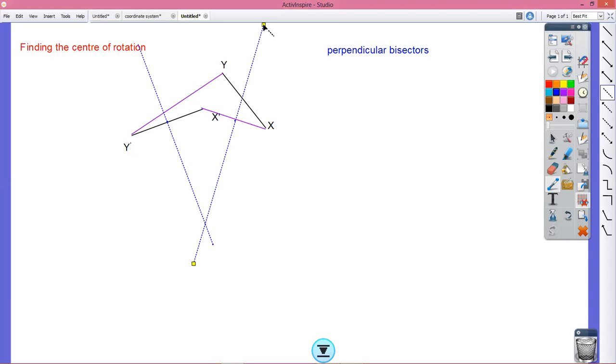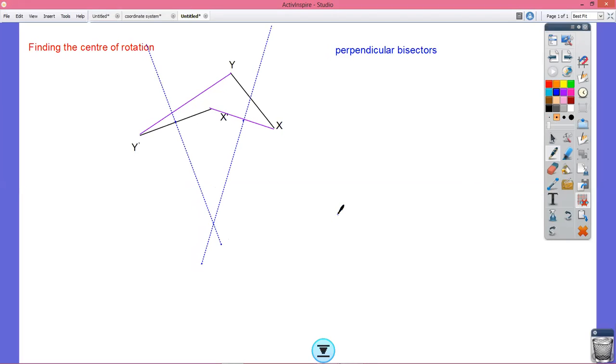Now here, what we are going to do, where is the center of the rotation? The point where the two bisectors meet, this intersection point, is the center of the rotation.